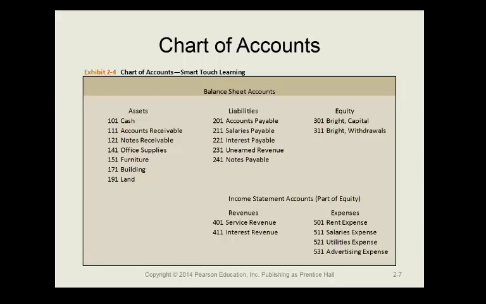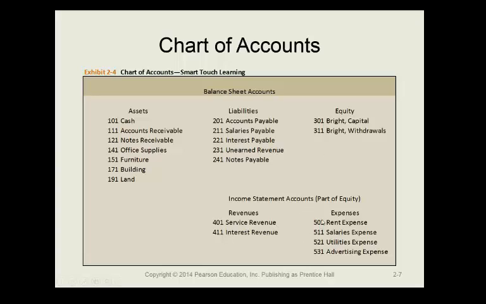So let's look at an example. This is a chart of accounts. It's an exhibit in your book. You'll see that the assets start with 100s. That's typically what we're going to start with for a small business. If it's a larger company, this might be 1,000, and it might be different based on how many accounts the company has, but typically assets are going to start with 100s, liabilities 200s, equity 300s, and then our revenue items are going to be 400s and 500s.